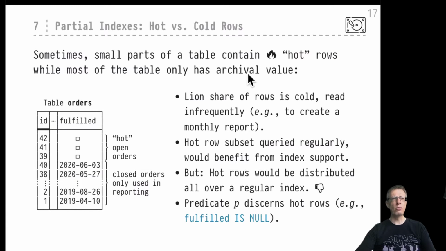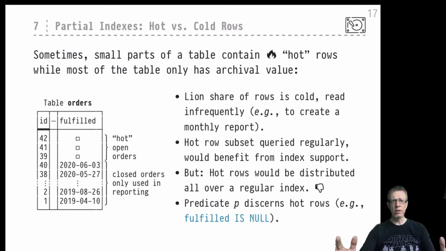Hot rows are those rows that are requested by almost all of the queries that you've seen in the last few minutes, seconds, days. These are rows of particular interest to your users or applications, and every other query, many queries really, focus on these hot rows, and they rather disregard and leave to the side the cold rows that are still present in your tables, but that have more of an archival value.